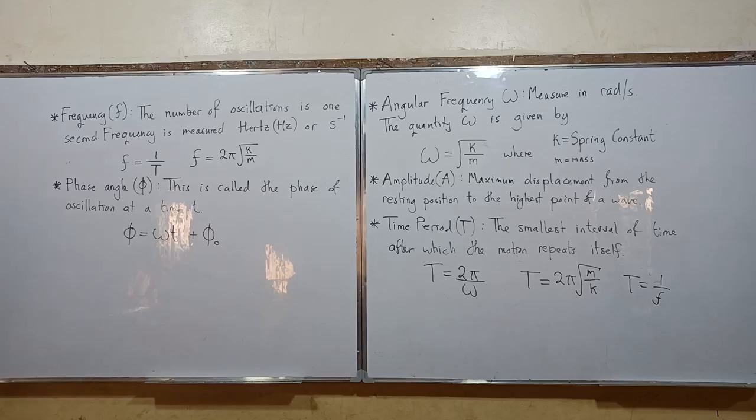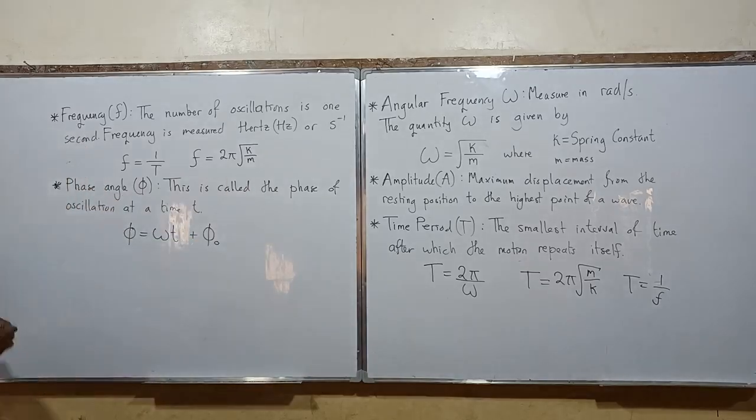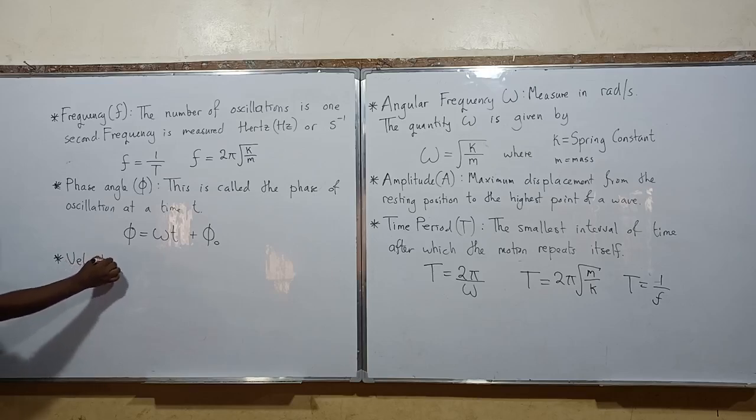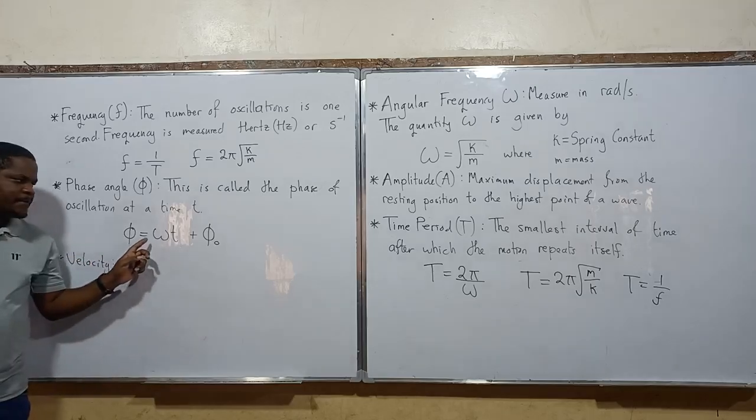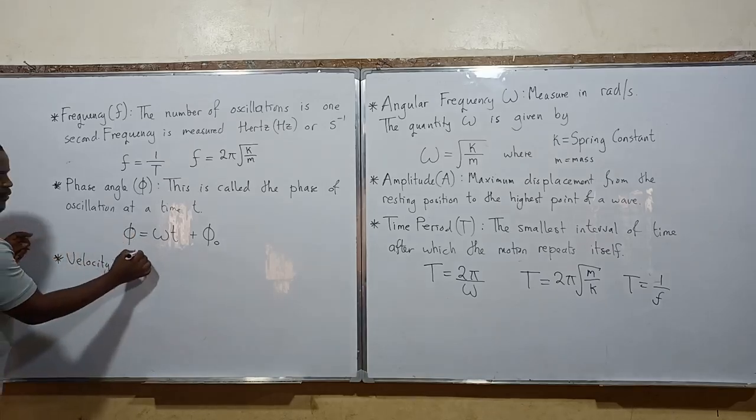Remember, before the first example, we talked about velocity and acceleration, right? So under this, it's fine, you can leave it. Let's just say velocity. Think of this as velocity. Remember, kinematics.